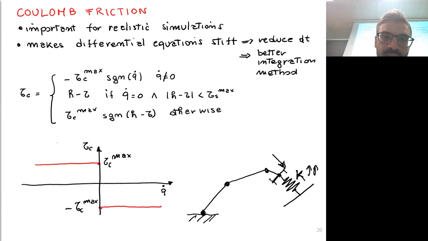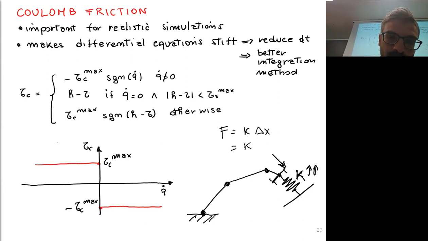spring, the spring equation is K times delta x, and this could be seen as K times the integral of x dot, where this is the end-effector velocity, let's say v.